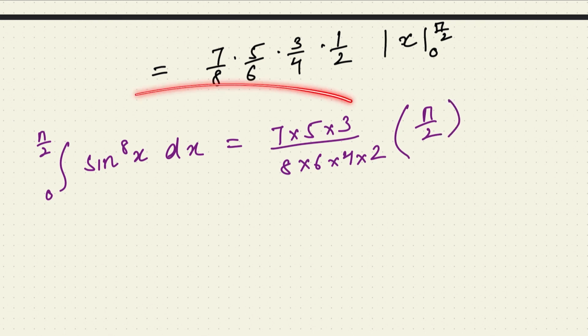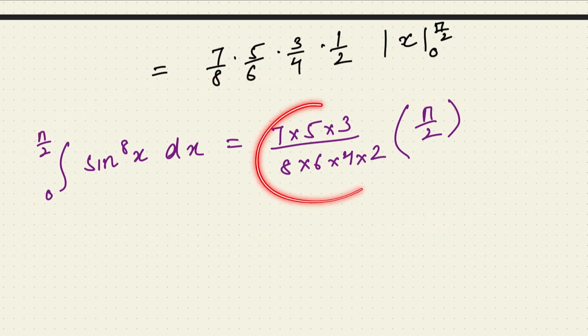So this would be your final answer. You can also further evaluate this expression and calculate the final answer. But if you leave your answer as it is, this would also be considered a correct answer.